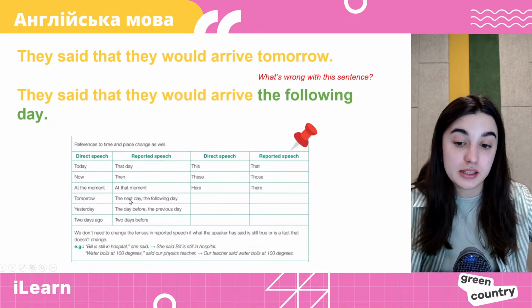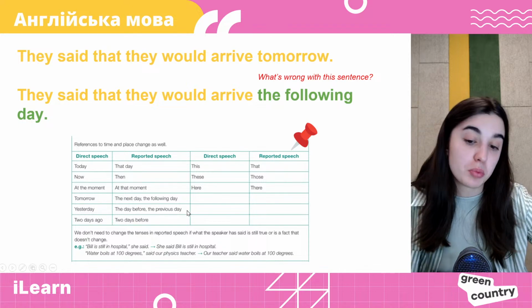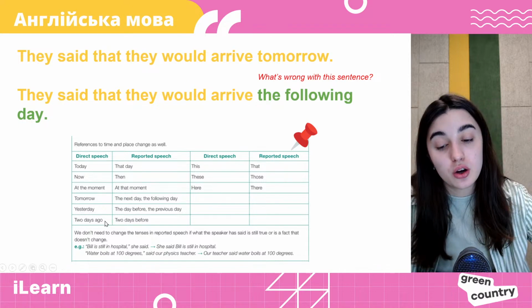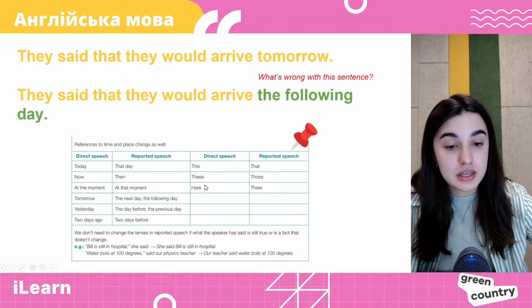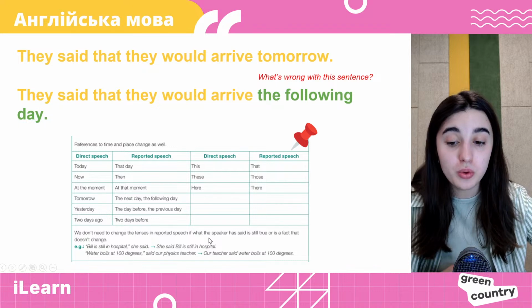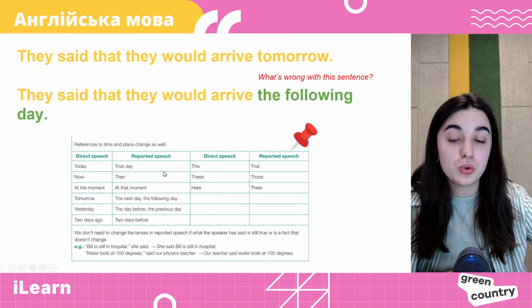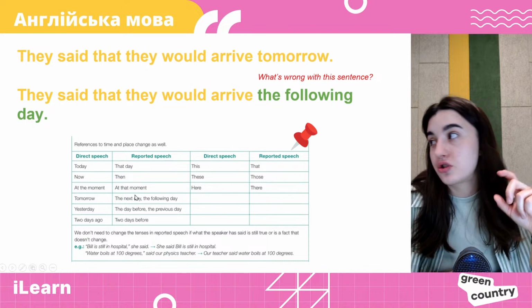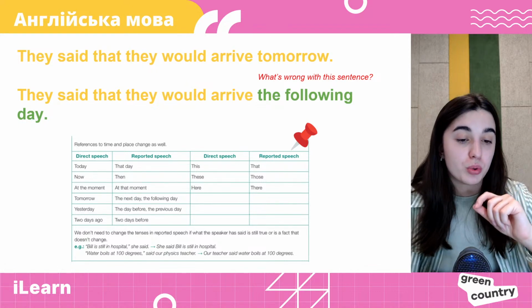Tomorrow, the next day, the following day. Yesterday, the day before, the previous day. Two days ago and two days before. This, that. These, those. Here, there. So, your task is to also pay attention to these parts and change them in reported speech.